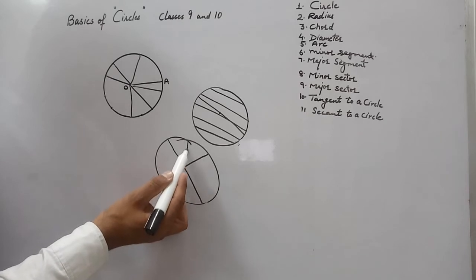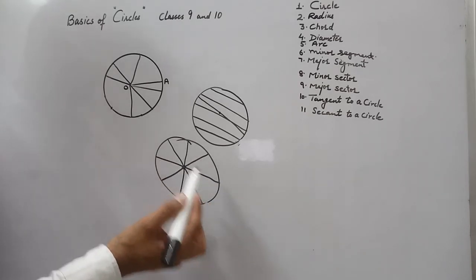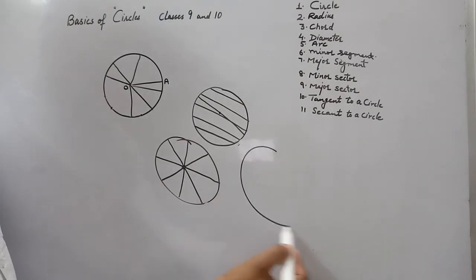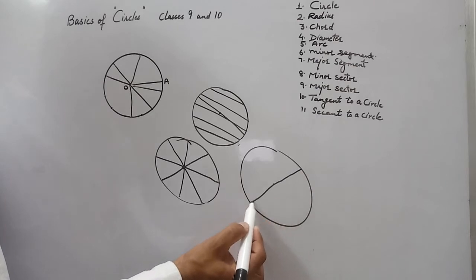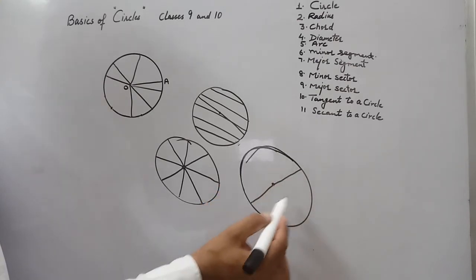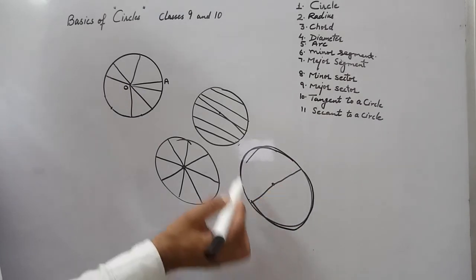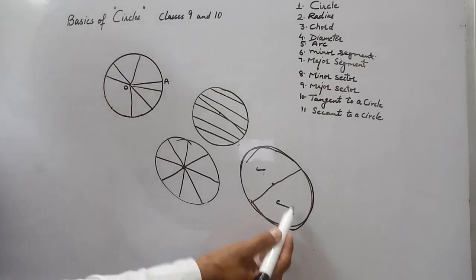We can have infinitely many diameters on the circle. If we draw a diameter, it divides the circle into two equal parts. These both parts are called semicircles.